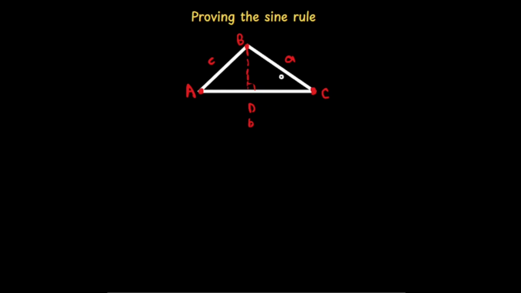Now, in order for me to work with this triangle a bit better, I need to assign some sort of value or variable to the line that I have created, because that's a new value. I need some sort of length measurement to assign to it. So I'm going to simply assign this one as h, or I can in fact even assign it as x.